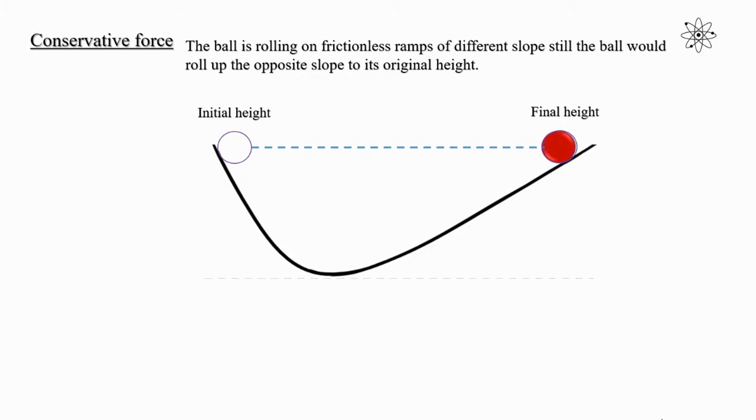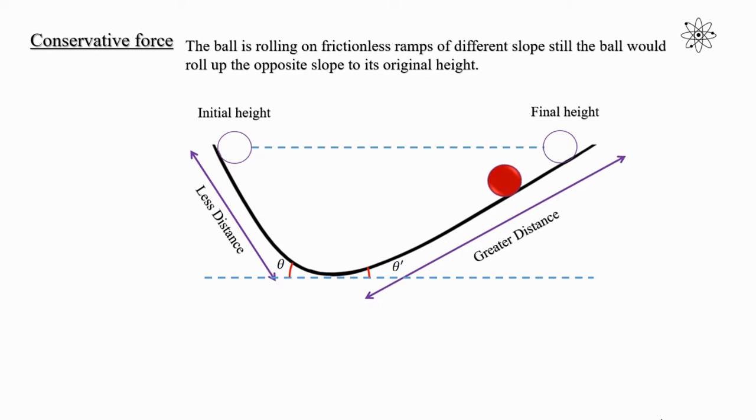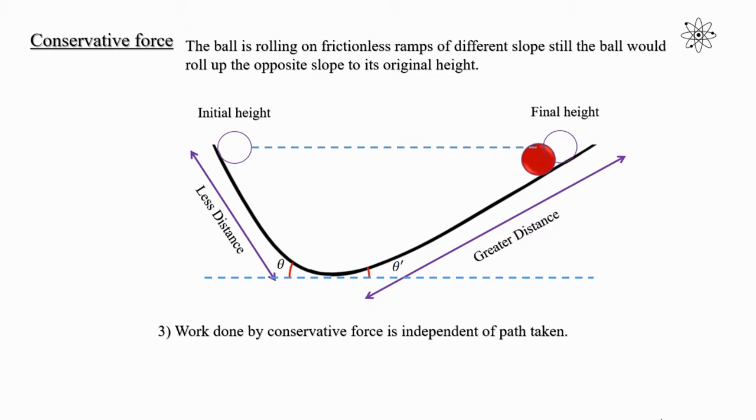So here you can observe, student, you have a different slope, that is, a different angle of inclination, and the ball covers a different distance over the two ramps. Here you can see in the other ramp, a greater distance is covered by the ball. Still, it reached the same height.